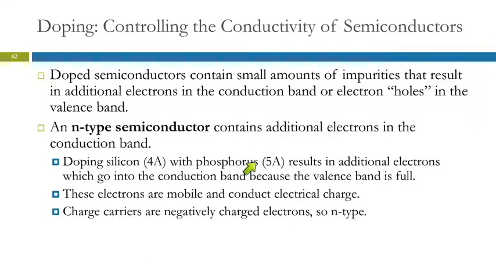Phosphorus has 5 valence electrons. Now there are going to be some extra electrons that aren't going to fit in the valence band, and so they will go into the conduction band and increase the electrical conductivity. So that's an N-type. The charge carriers are the negatively charged electrons.